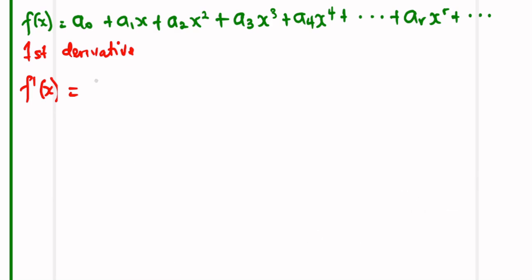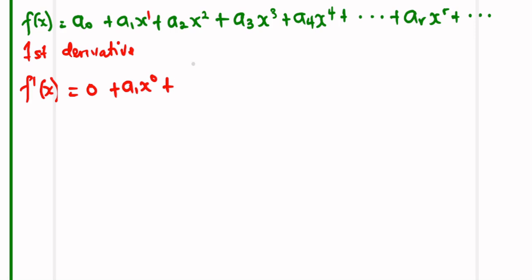Now this is going to be equal to, if we differentiate, a0. a0 is a constant. The variable x is not attached to this. So the derivative of a constant is 0 plus a1x. The power here is 1. So 1 times a1x should give us a1x. Then 1 minus 1, you know we have to remove 1 from the power. That's the formula for differentiation. So 1 minus 1 is going to give us 0.